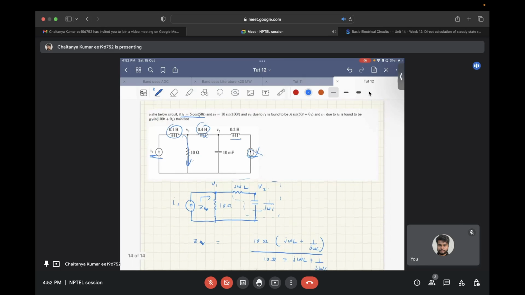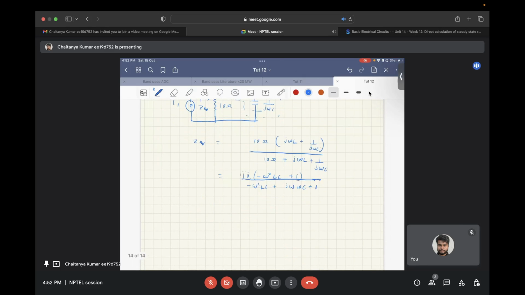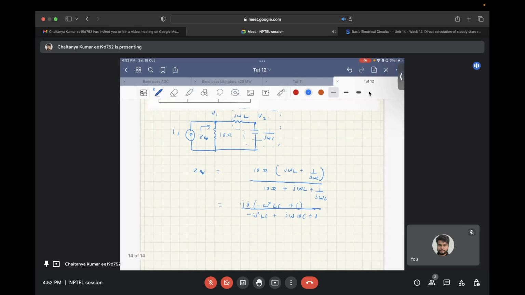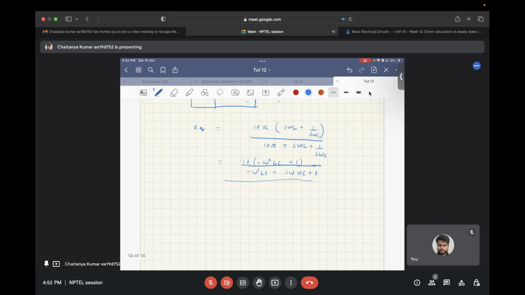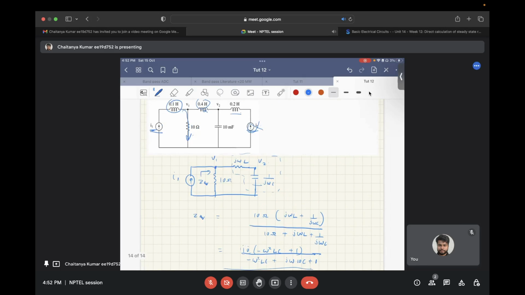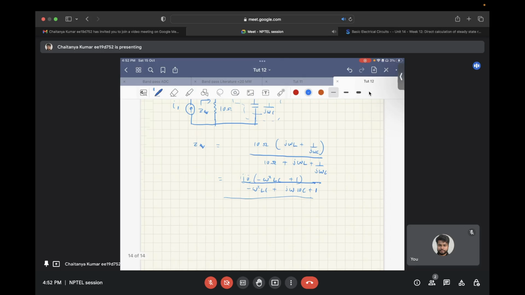V1 basically will be I1 times this equivalent impedance, and V2 will be whatever you get as V1 times the impedance divider between the inductor and the capacitor.